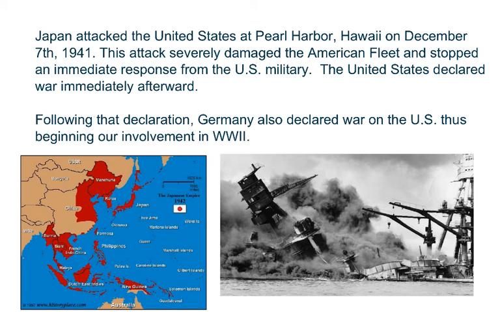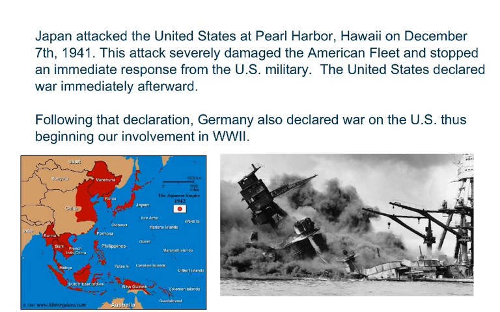Now, following that declaration, because Germany, Italy, and Japan were in an alliance, Germany declared war on the United States, thus beginning our involvement in World War II. So because we declared war on Japan, Germany declared war on us, and vice versa, thus getting us involved in that World War.